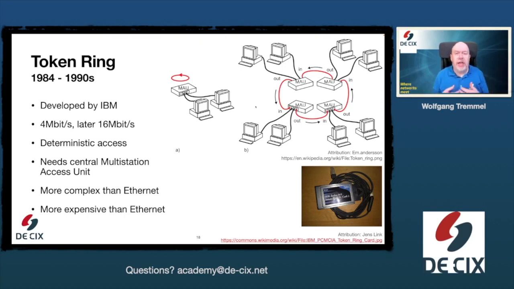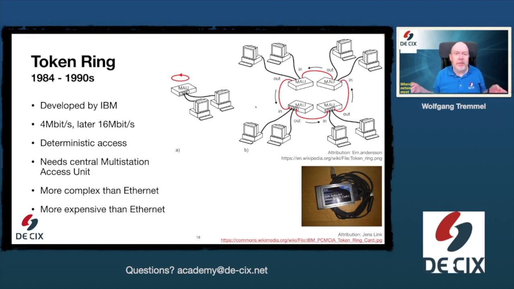Token Ring guaranteed that you could send data in a specific amount of time, because it used a token to be passed around from system to system, and when the token arrived at a certain system, this box could then attach its data to that token and send it along.